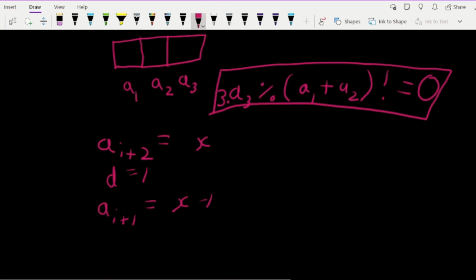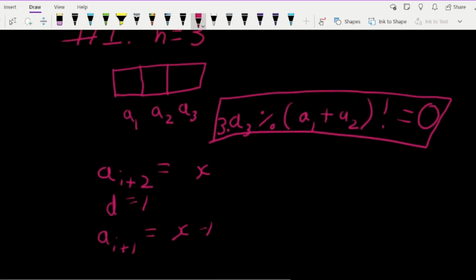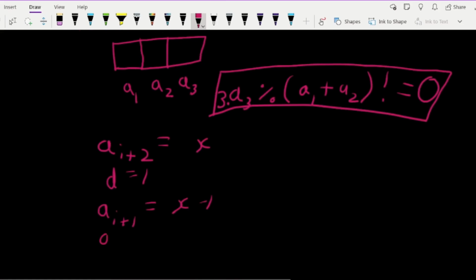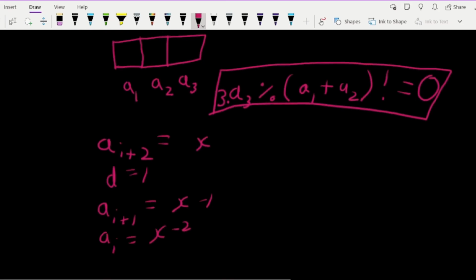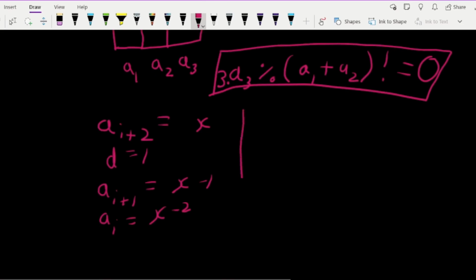Since this is a positive difference, d is equal to 1, and we are taking a positive difference because it is given in the constraints that it should be a strictly increasing sequence. So ai would be x minus 2. We have to make this condition hold good.